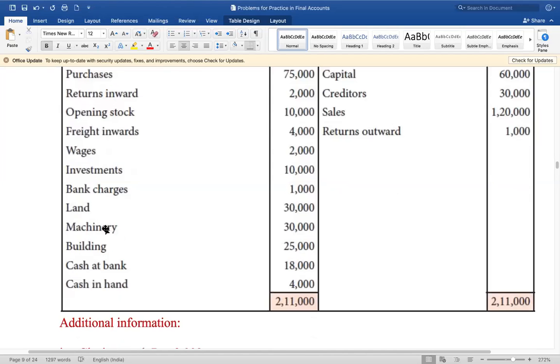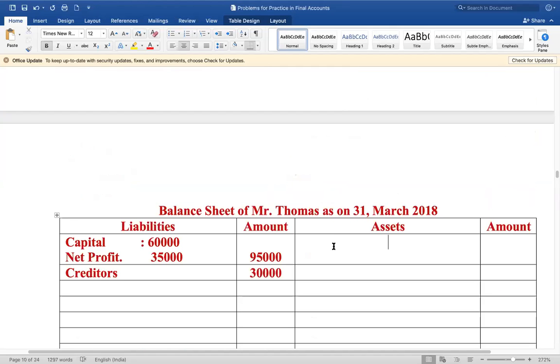So land I consider to be the first item, as the longest item. So I'll take land. How much? 30,000. Next, after land, you have machinery. Is there any adjustment for machinery?